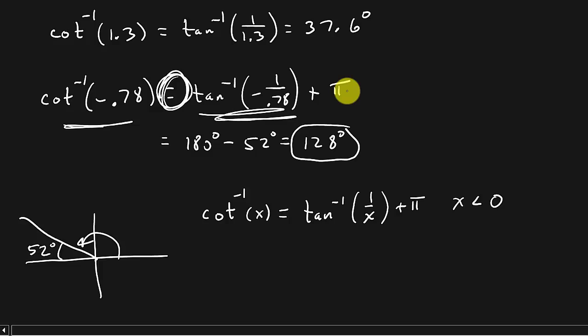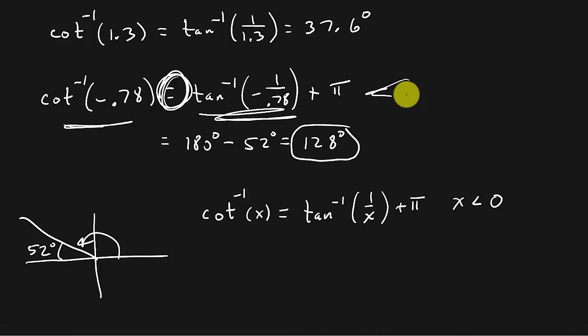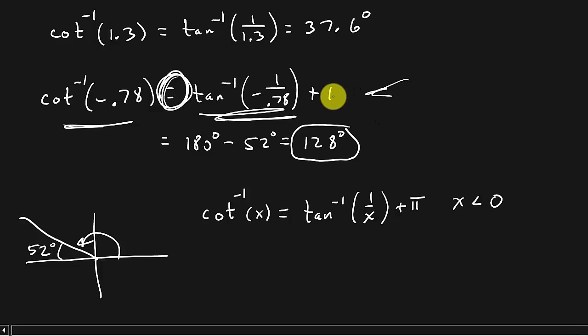So if you remember that, by all means, do that. But the way I'm working these, I'm not using this formula here because I want you to understand what's going on. So let's just look at this. Now, keep in mind we're in degrees, so let's just change this to 180, okay?